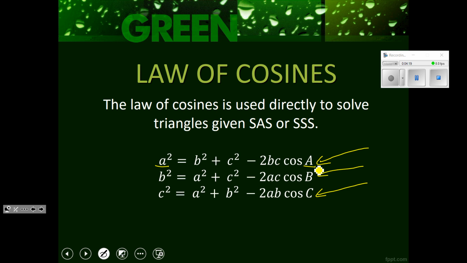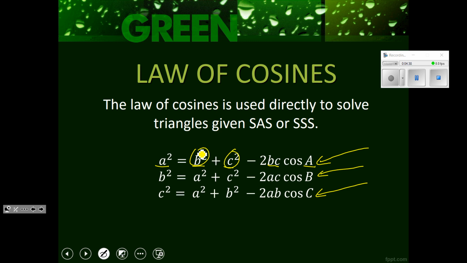And if you're solving for the side of a squared, or the side of a, then you're going to use b squared plus c squared, but then when it's minus, notice it reuses bc that you just added together. Does that make sense? Yes, no, maybe so. Okay.